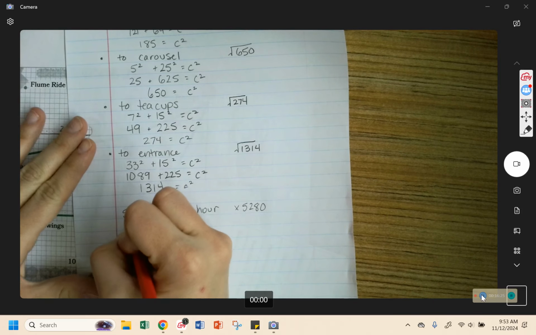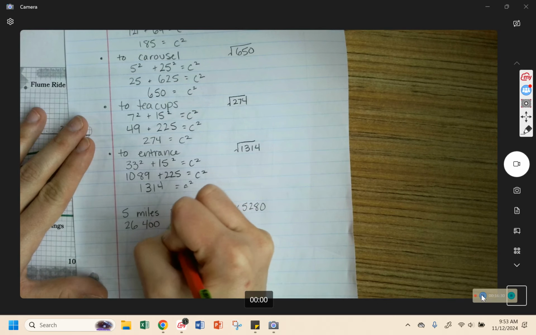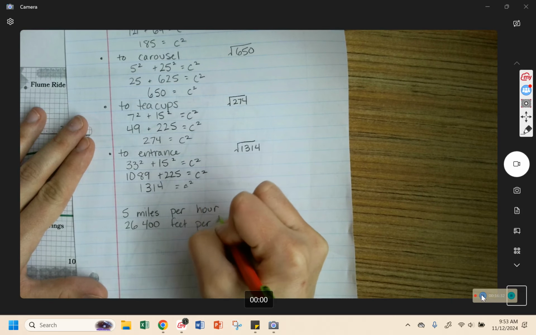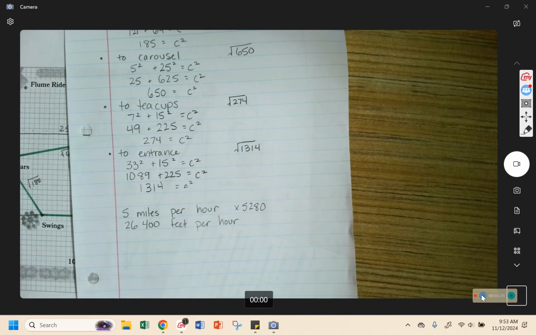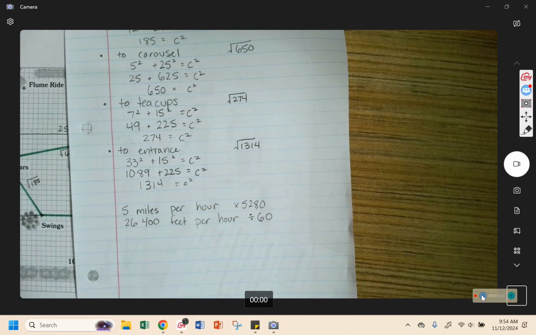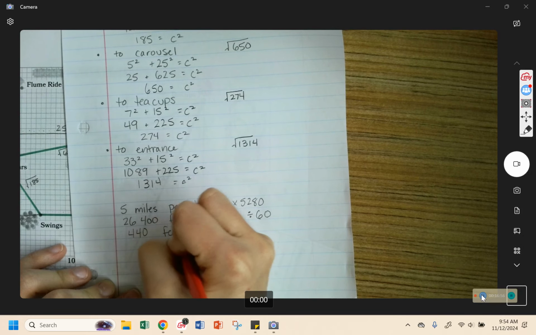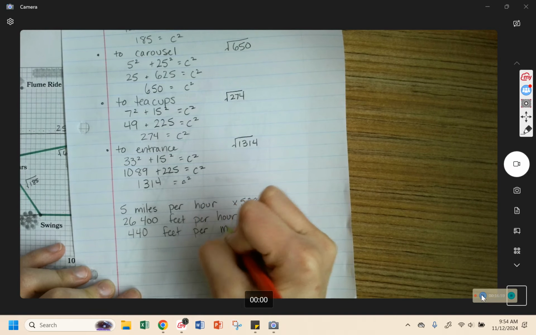So this is 26,400 feet per hour. But we want minutes because we have an hour and a half, so 90 minutes total is how long we have. So we will divide by 60 to get the minutes. And that is 440 feet per minute.